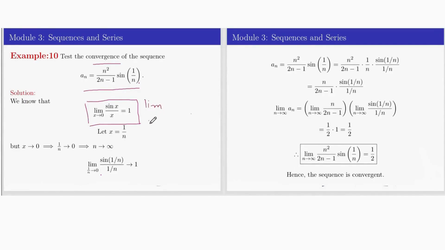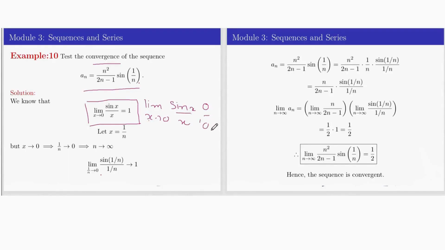Now how to get this value? Here, what is given? Limit x tends to 0, sine x upon x. First put x equal to 0 in the numerator and denominator separately. Sine 0 is 0. Again put x equal to 0, so x is 0. Here we get 0 upon 0 form.